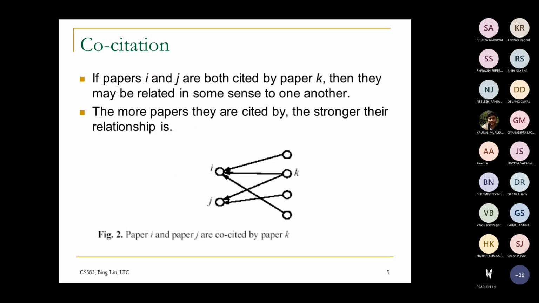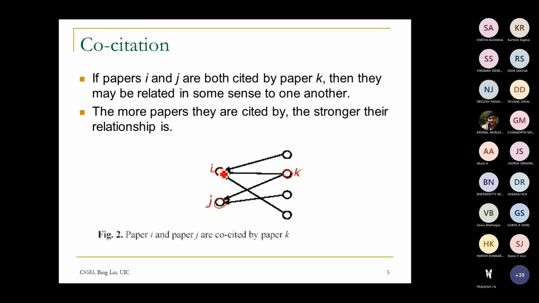Now, how can we mathematically model this application? Consider a paper I and a paper J. Both these papers are cited by paper K. In this case, how are they related to each other, and how can the co-citation coupling be identified? The condition is, the more papers they are cited by, the stronger their relationship.